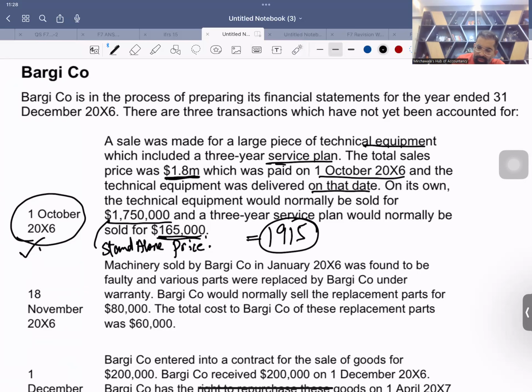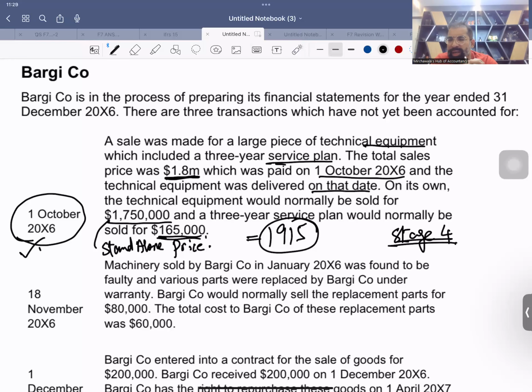So first of all, we need to apply stage 4. In stage 4, you have the total price of the deal and the standalone prices of 2 separate performance obligations.